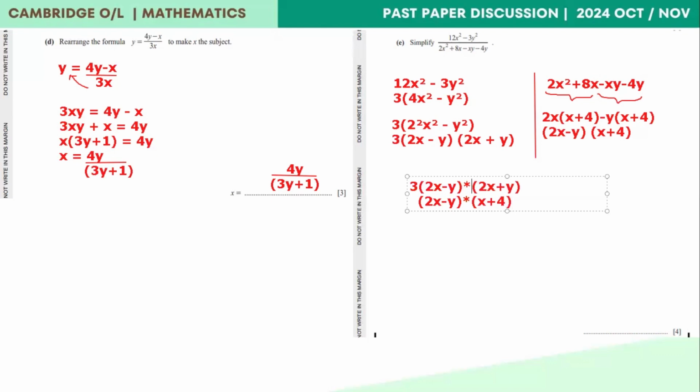I'm writing the multiplication to show you the simplification method properly. Now you can see that we have 2x minus y up and 2x minus y down, so we can cut both of these.